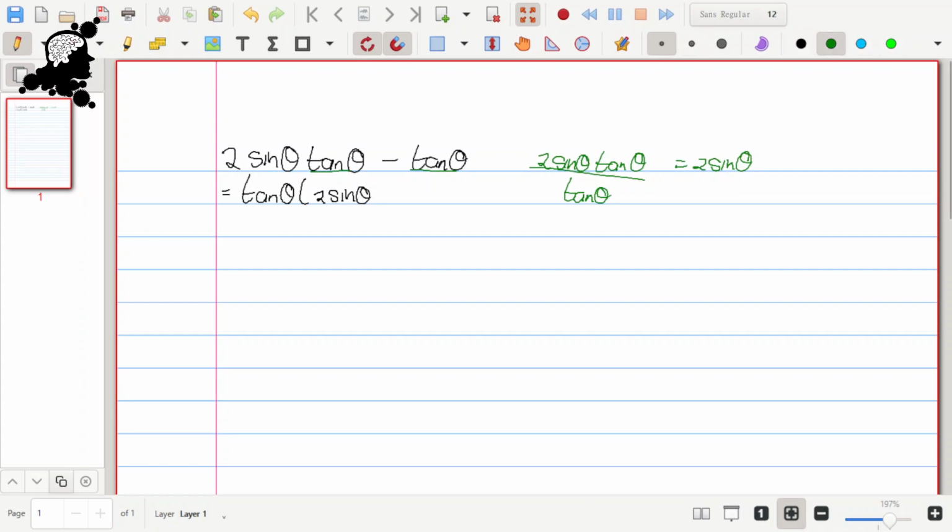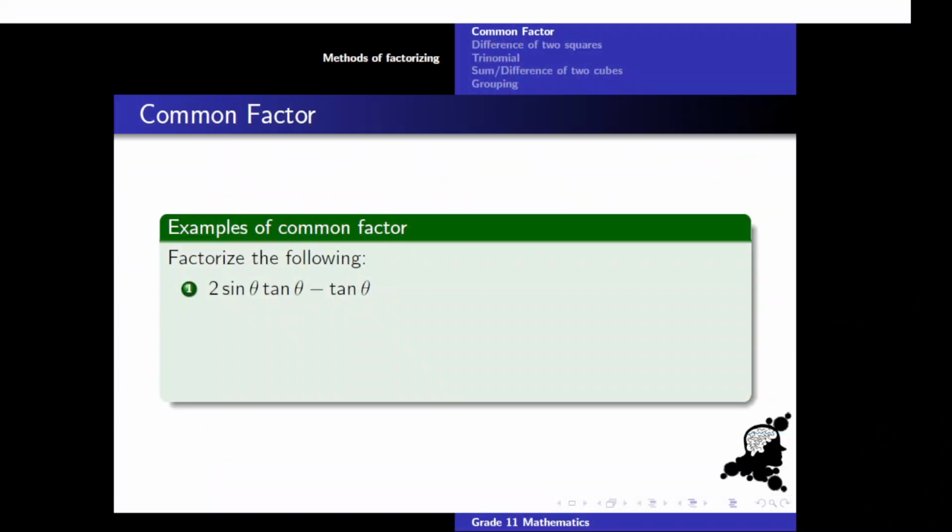The next term we have is negative tan theta divided by our common factor, which is tan theta. Your answer here is negative 1. So let's go ahead and put the negative 1 into the bracket. And there we have it. We are done factorizing this expression. Brilliant. Let's go over to the notes and see what the next question is.